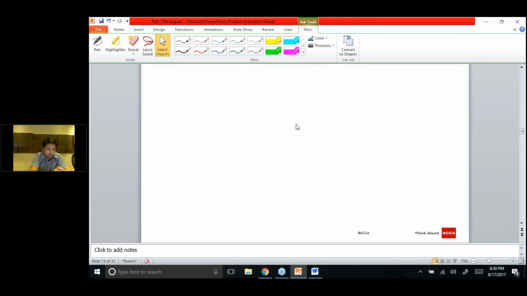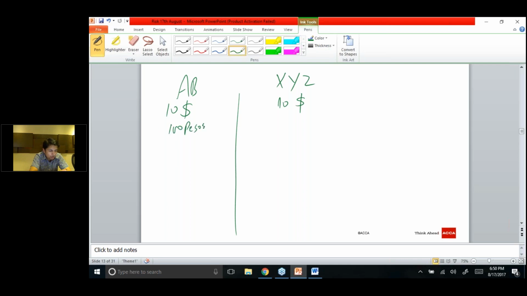Let's suppose there are two countries which are exporters. One is AB and the other is XYZ. Both are exporting, let's suppose, at $10. And it has a rate of 100 pesos over dollar.